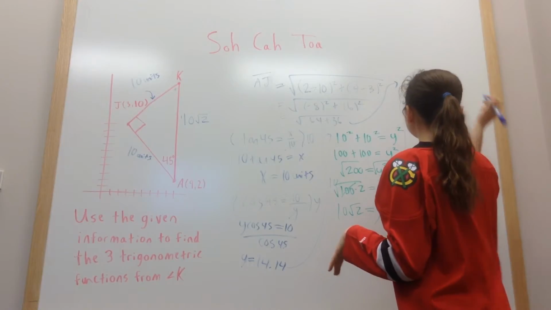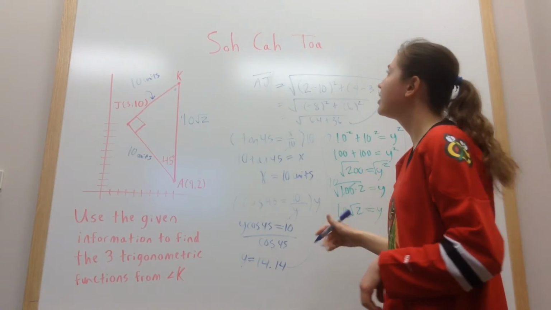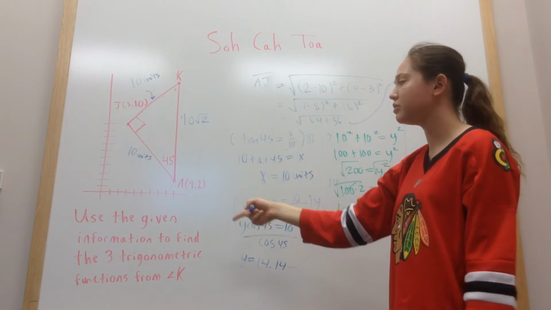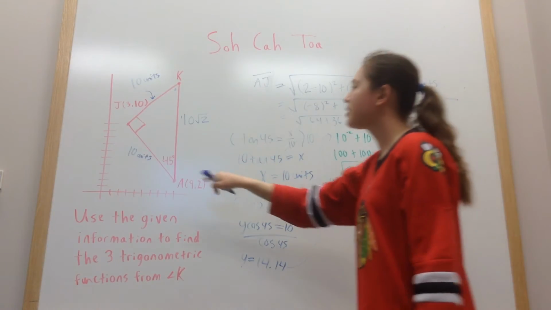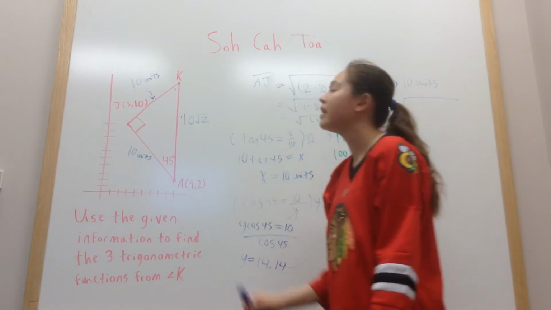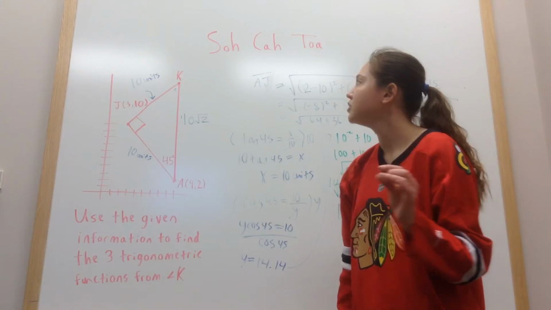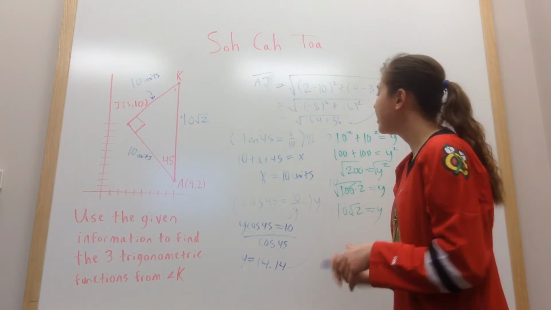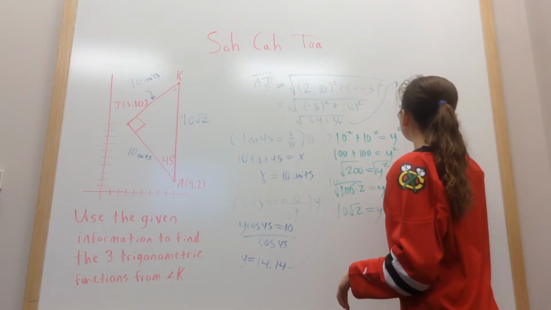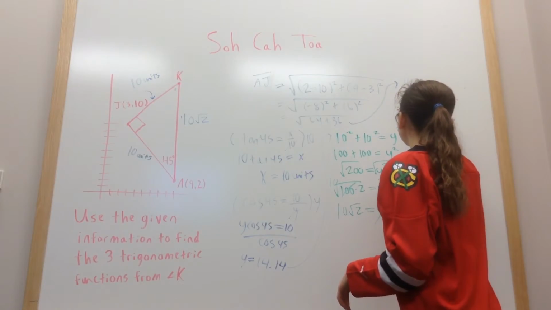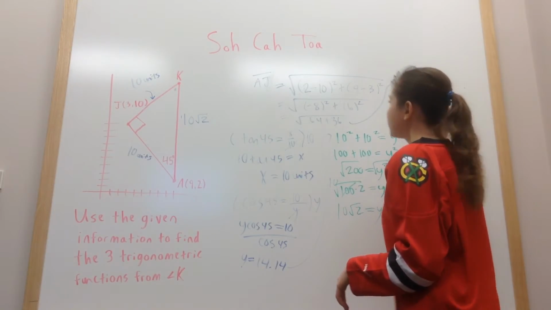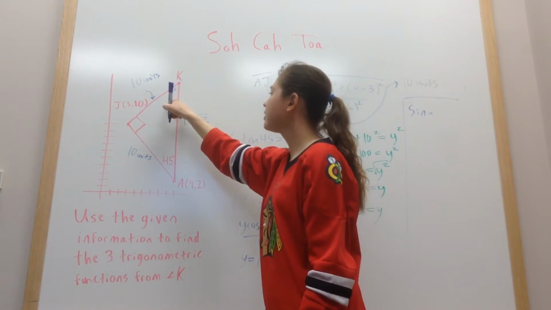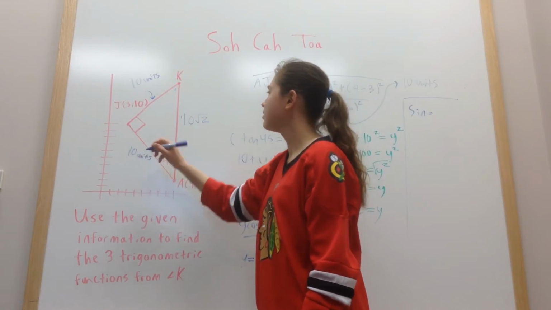Clear this off. Alright, so this will be our final answer then, because we want to use the information. We found the length of all three sides. Now we just have to use SOHCAHTOA again. So from angle K, sine, this is opposite.